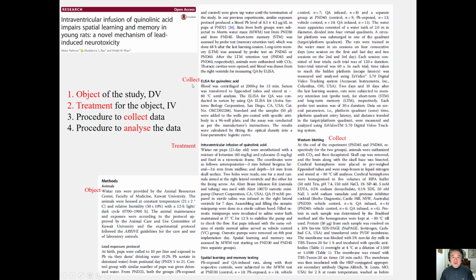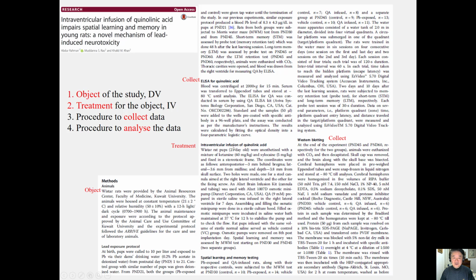Now they used a method called ELISA to measure the concentration of quinolinic acid production after lead treatment. So you see here, this is the method they used. Again, this is another method they used.